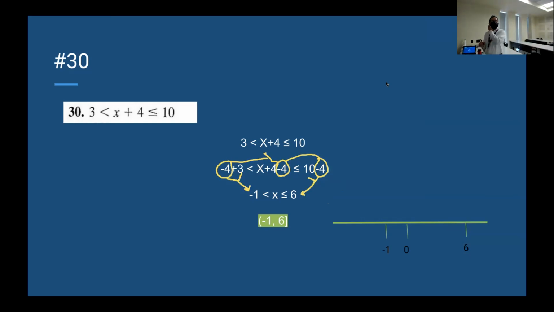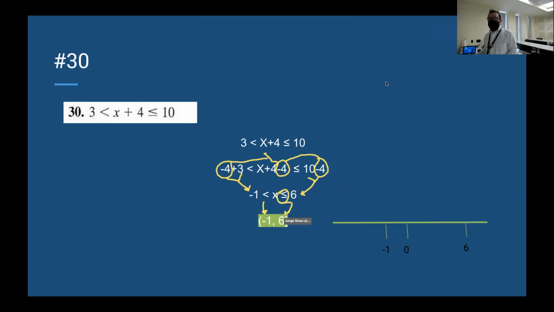We didn't have to flip any signs because we're not multiplying or dividing by a negative number, so things stay the same. And going back to Arturo's question, just to reinforce, the interval is going to be from -1 to 6. However, because the 6 is less than or equal, we're going to include the equal.